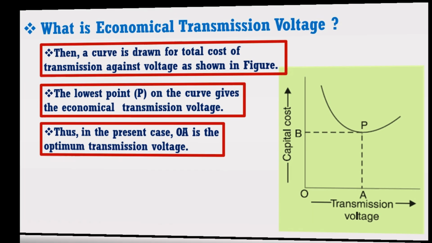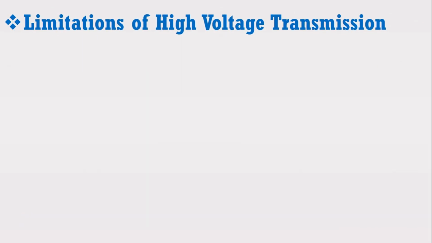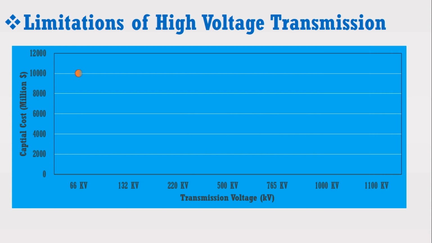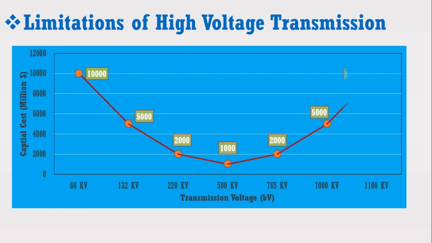To further clarify this concept, consider the graph which shows an arbitrary case in which total cost of transmission system is taken in $1 million for different high voltages. It can be noticed that for this case up to 500 kV, the total cost goes on decreasing, which makes the transmission system economical.